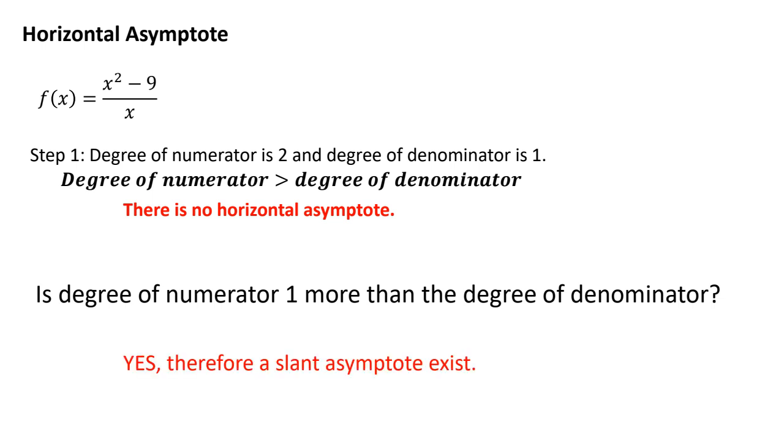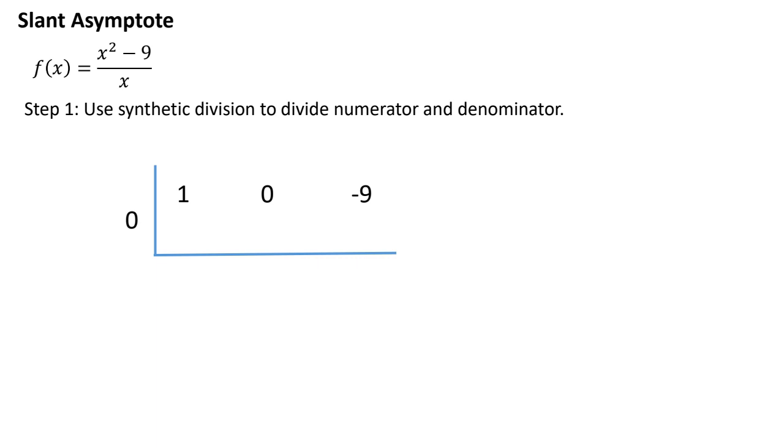The way I like to find the equation of my slant asymptote is I divide this polynomial, this function. Again, I'm going to use synthetic division. We have to keep in mind that we're only using the coefficients of the polynomial on the top.